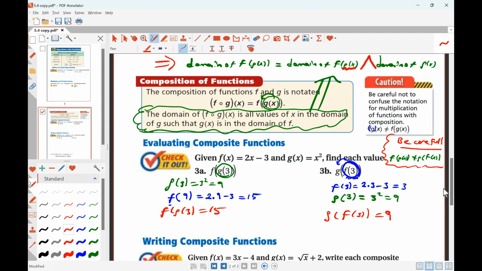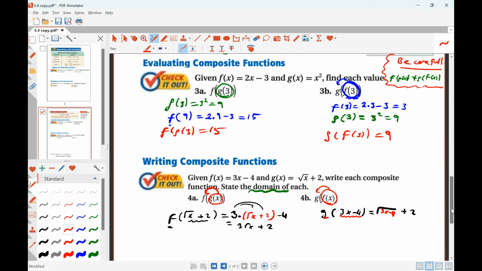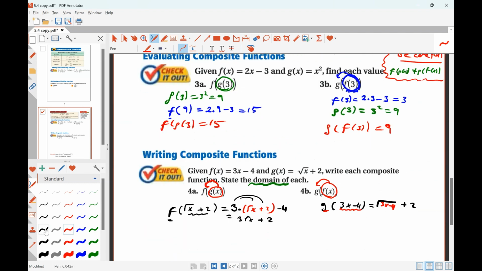So let's look at the composition functions here. What is the domain of the result? We have square root of x. The numbers under a radical can't be negative, right? So the domain will be x values greater than or equal to 0. This is the domain for the result.